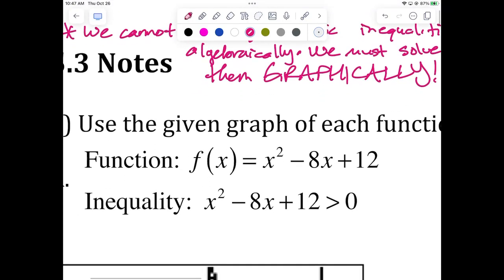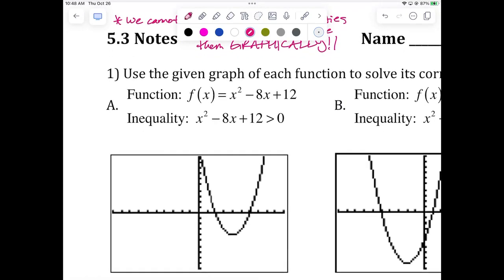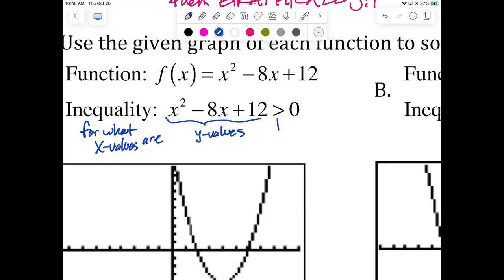Now, I want to know for what values of x is x squared minus 8x plus 12 greater than 0. Here is the graph of x squared minus 8x plus 12. Here's what we are actually asking: for what x values are the y values of the graph greater than 0?